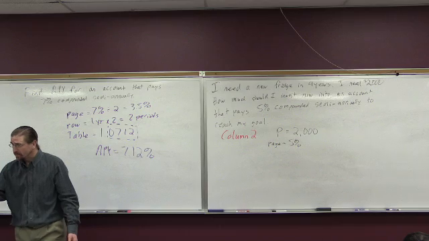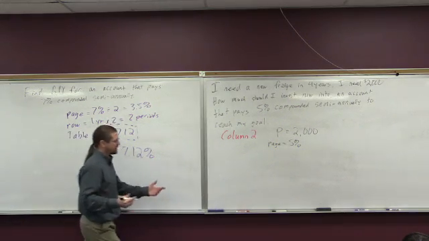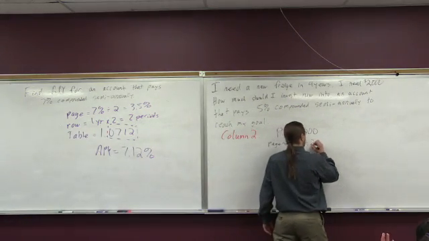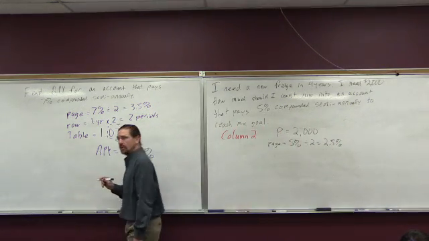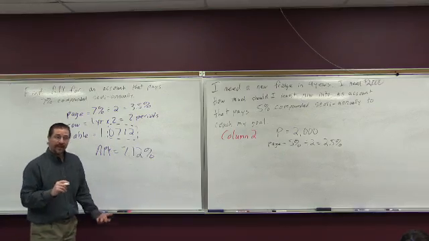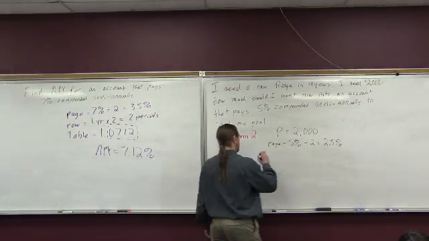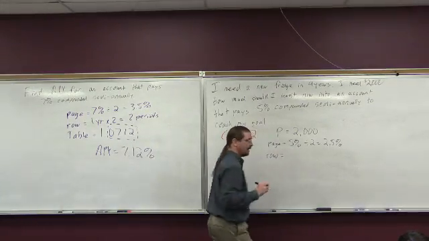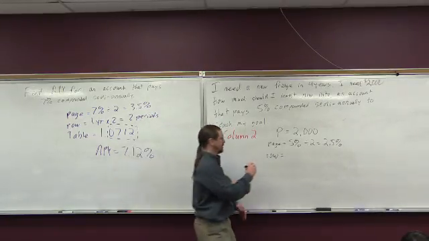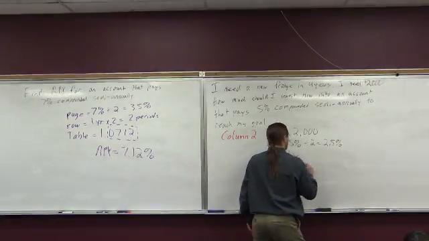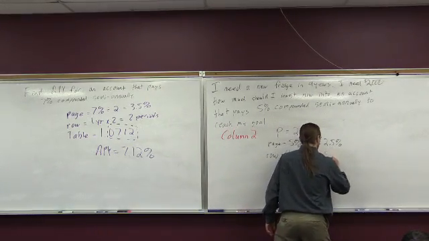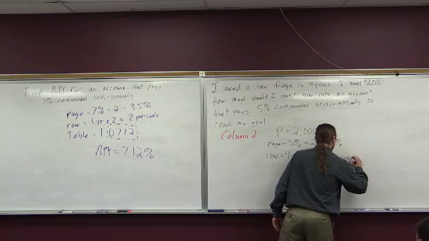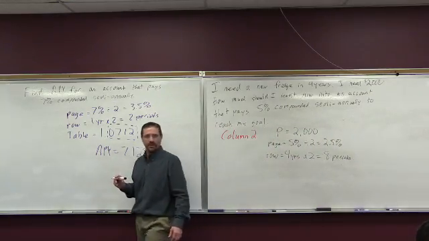Divide by 2. Why 2? Because it's semi-annually, so we divide by 2 and go to the 2.5% page. What row am I going to go to? 8, because 4 years, compounded twice a year, gives 8 periods.